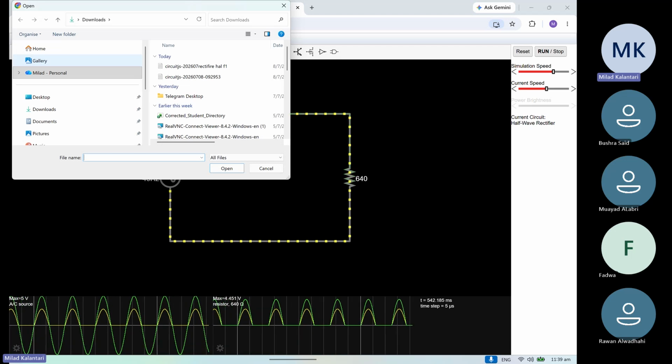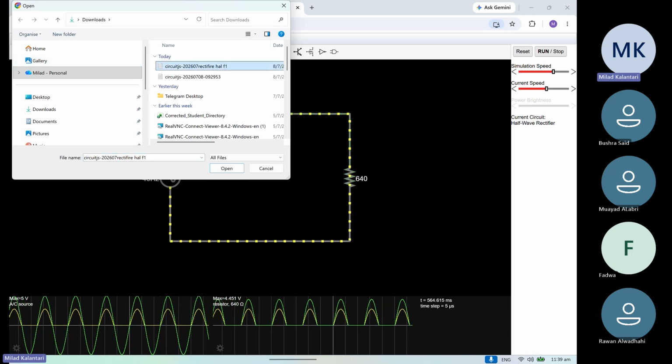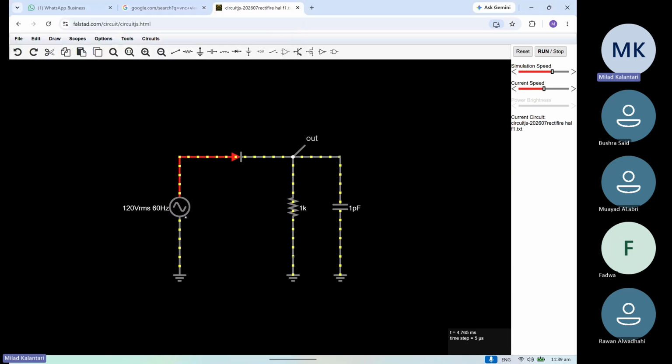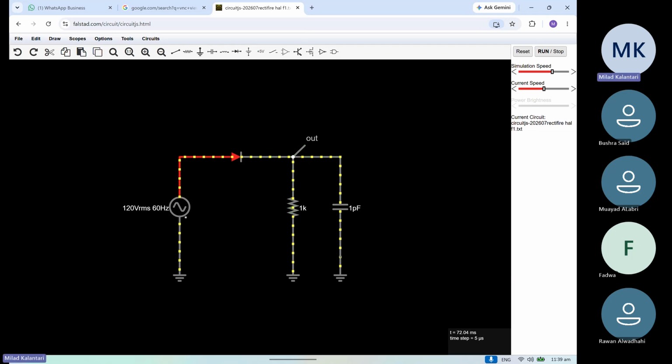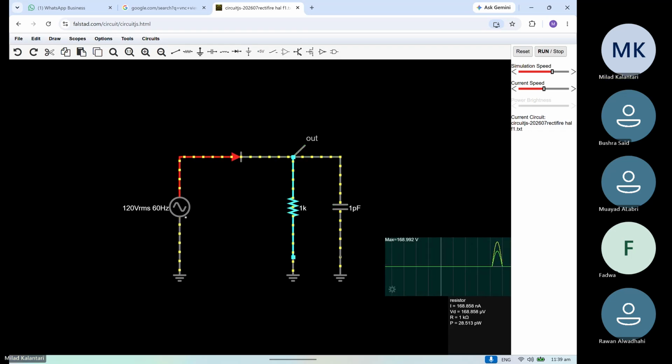But in a more practical way, you try to rectify it a little bit, basically. You add some capacitor. Okay. So now the capacitor is very small.